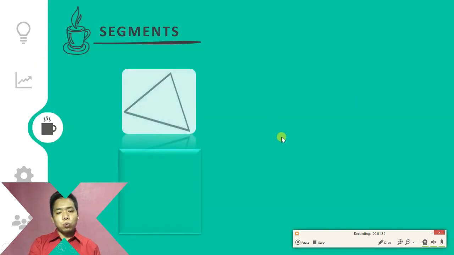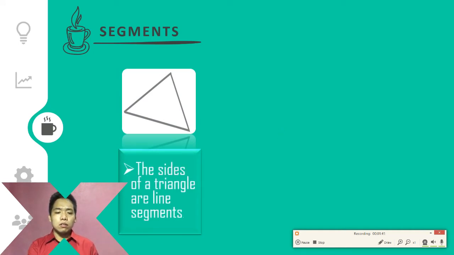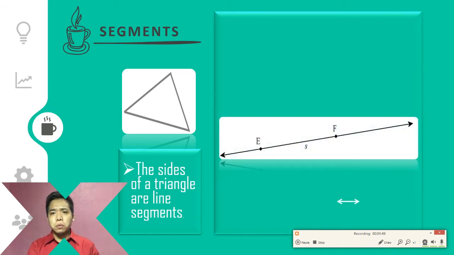Where can we see line segments? Sides of a triangle are line segments. Also, in a line we can form a line segment by just removing the arrowheads, and the remaining part will be a line segment.